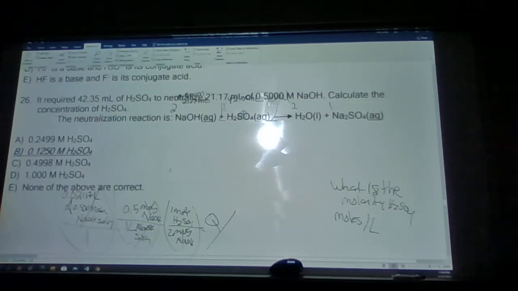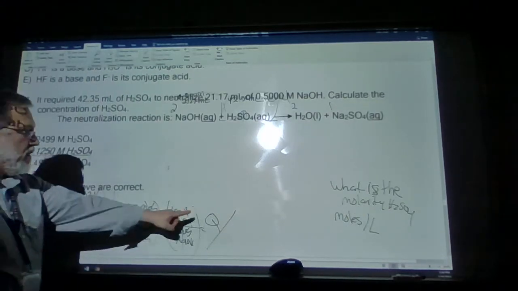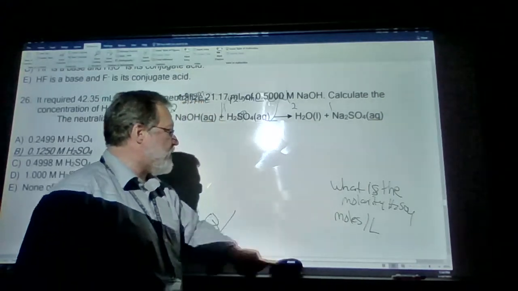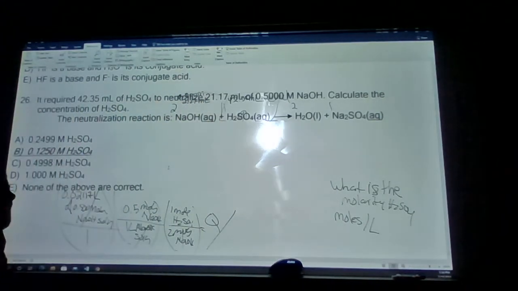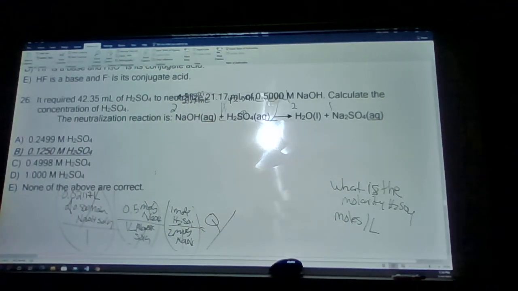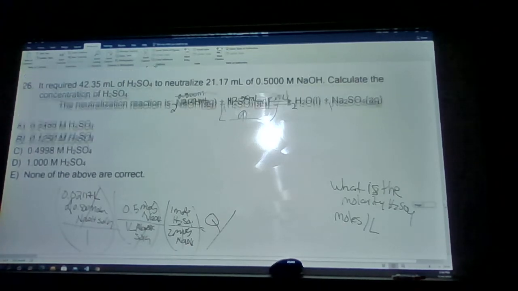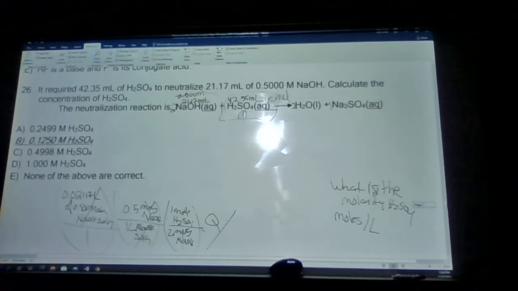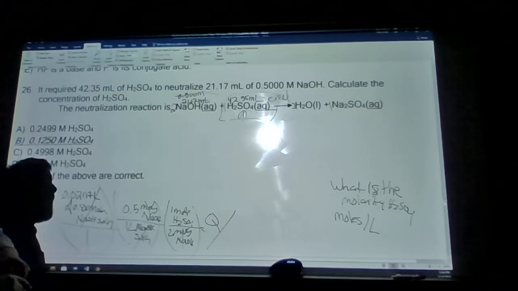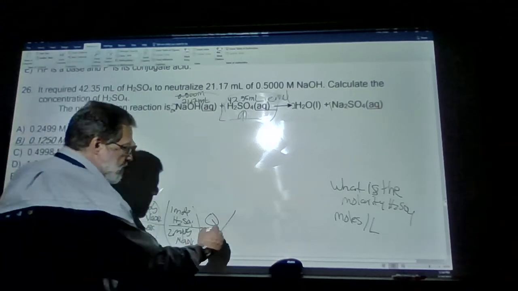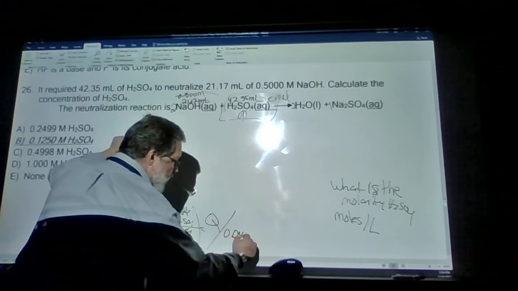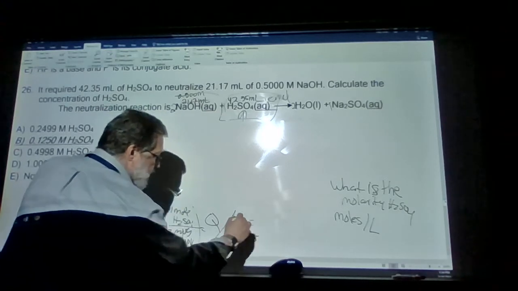We're on 26. It's wanting molarity, which is moles of H2SO4 over the total volume of solution. Total volume of solution was 42.35. Change that to liters: 0.04235.